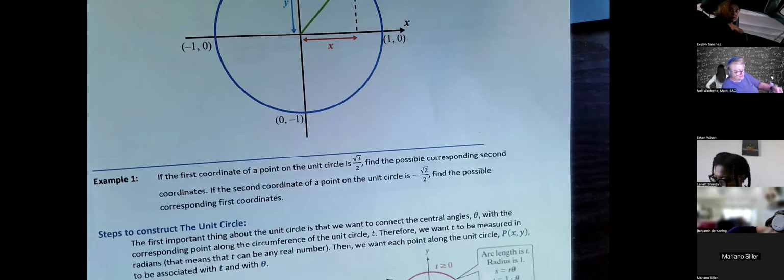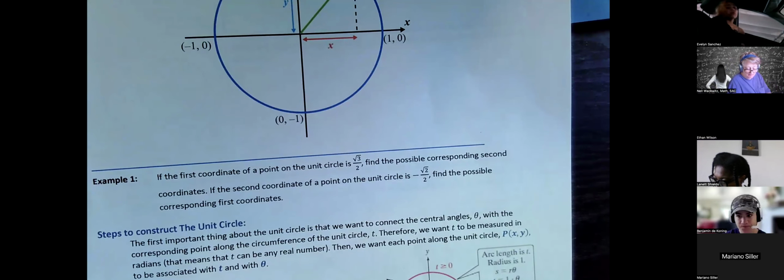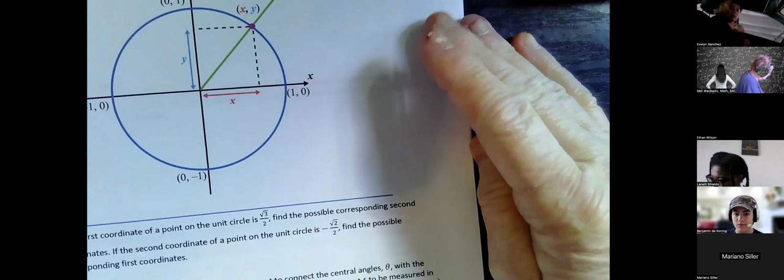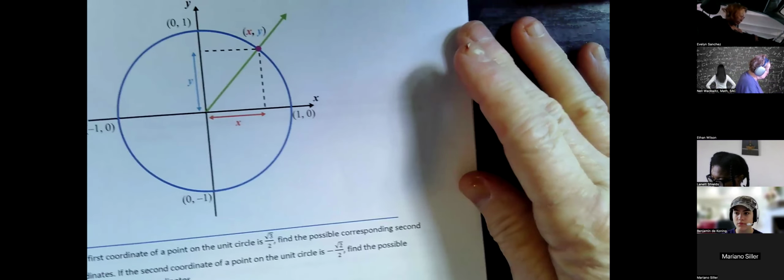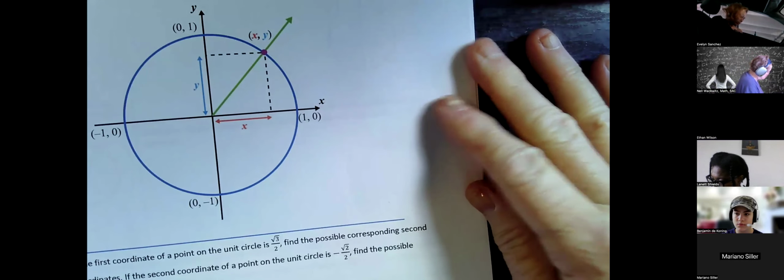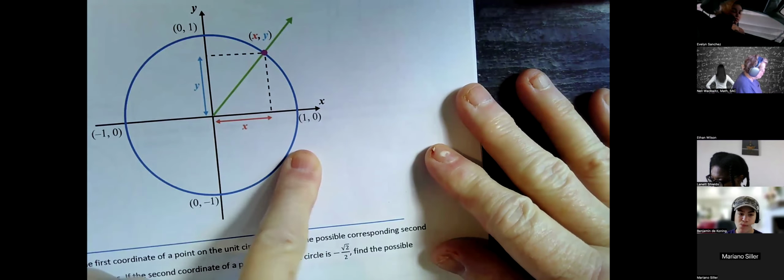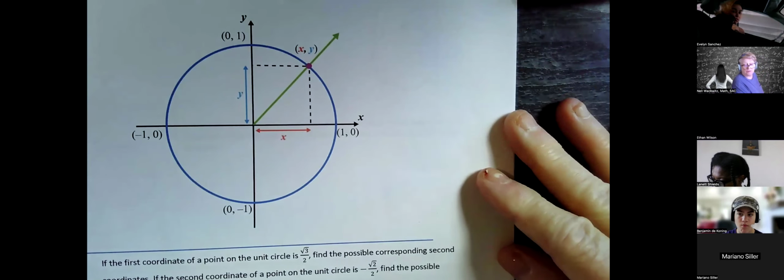Okay, so let's go back. So we are going to wrap values onto the unit circle.